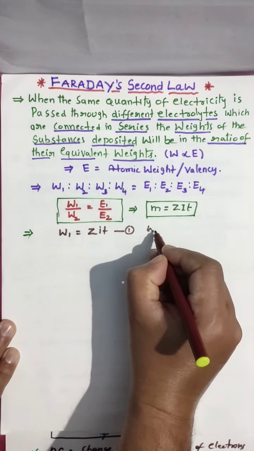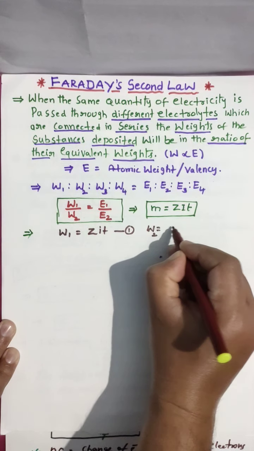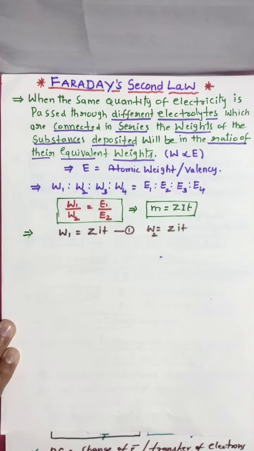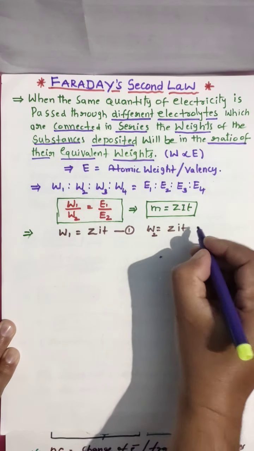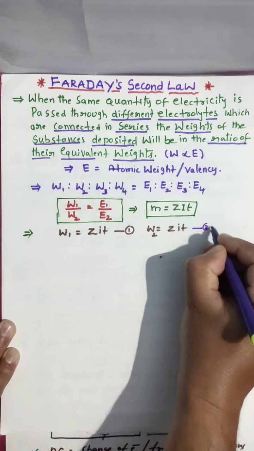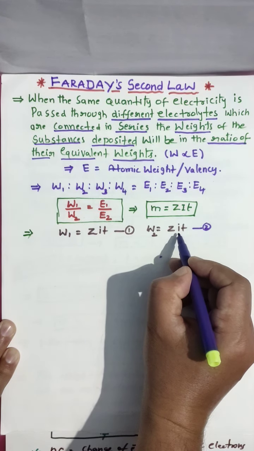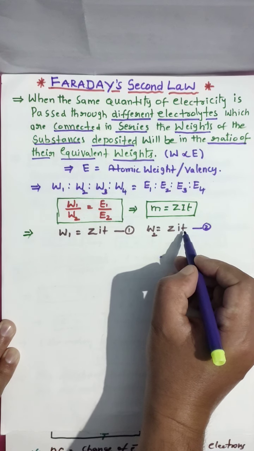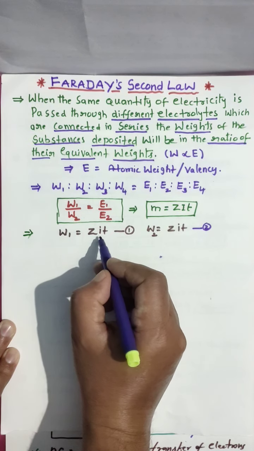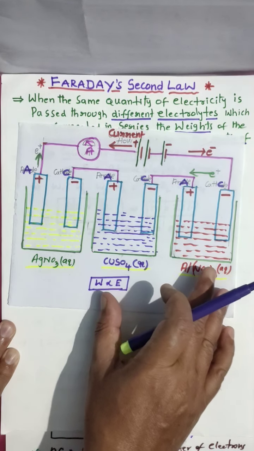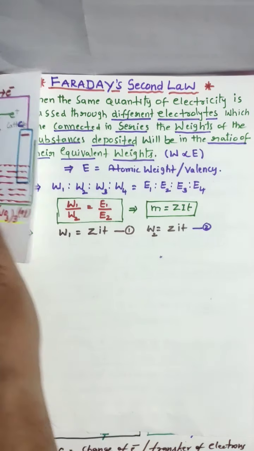And W2 equal to ZIT. Why did we take W1, W2 and not 1 and 2 for the remaining I and T? Because we are passing the same current in the same time. That's why I1, I2, T1, T2 we are not taking.